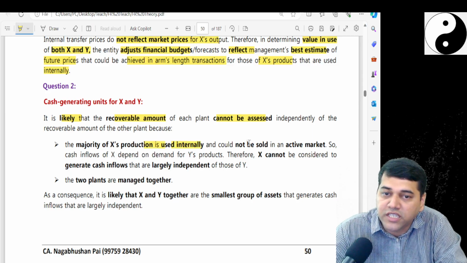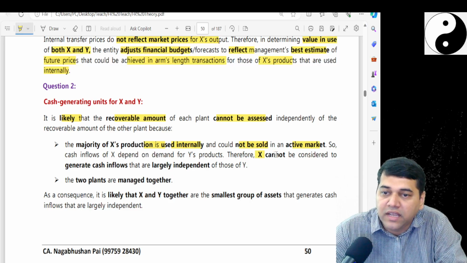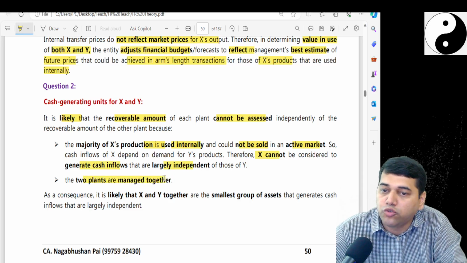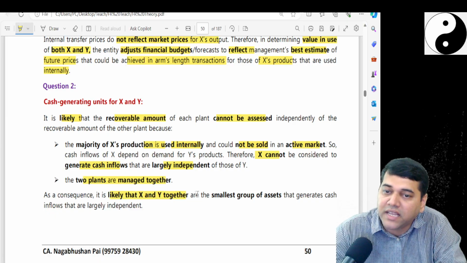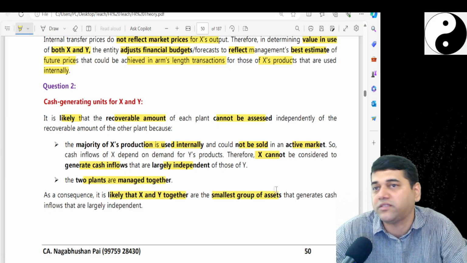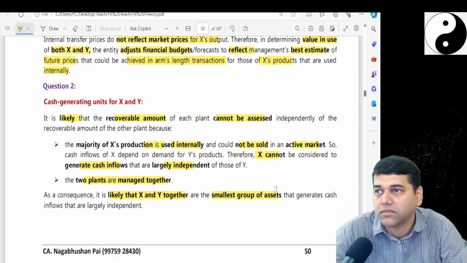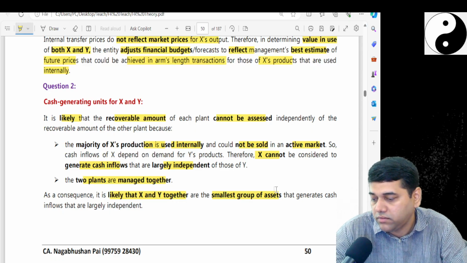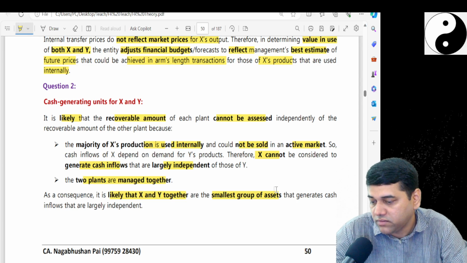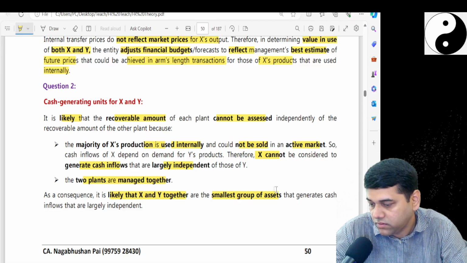If the majority is used internally and could not be sold in the active market, X cannot generate independent cash flow, so the 2 plants have to be managed together. Likely X and Y may be the smallest asset group. Clear now, students? Okay, one last question is there.